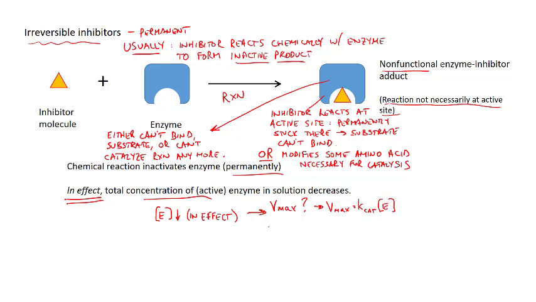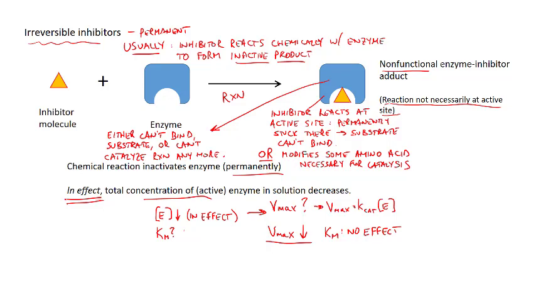So that means that an irreversible inhibitor causes Vmax to decrease. Now, what effect do you think this would have on the Km? Well, the answer may surprise you. Irreversible inhibitors, generally speaking, there are some rare exceptions, but for the most part, they have no effect on the Km of the enzyme at all.